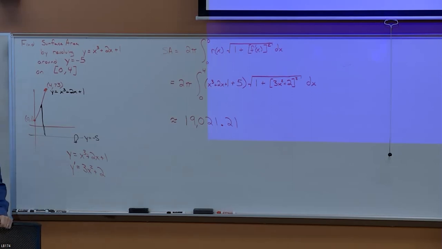Okay with that? So anytime we're revolving around a horizontal line, curve to down there. By the way, this radius, when we're revolving around a horizontal line and integrating with respect to x, this radius is just like the radius from the disk method. Does that make sense?